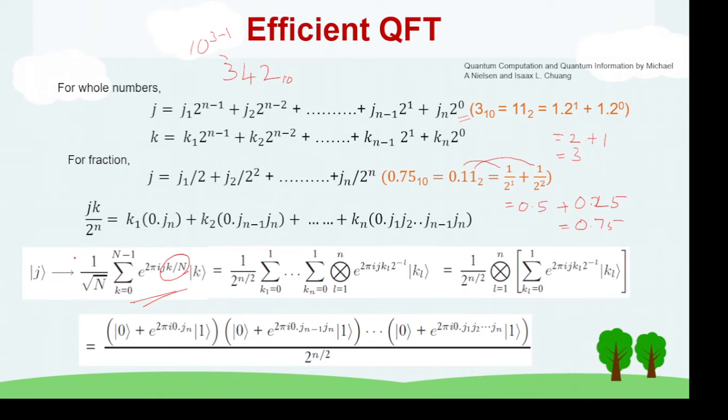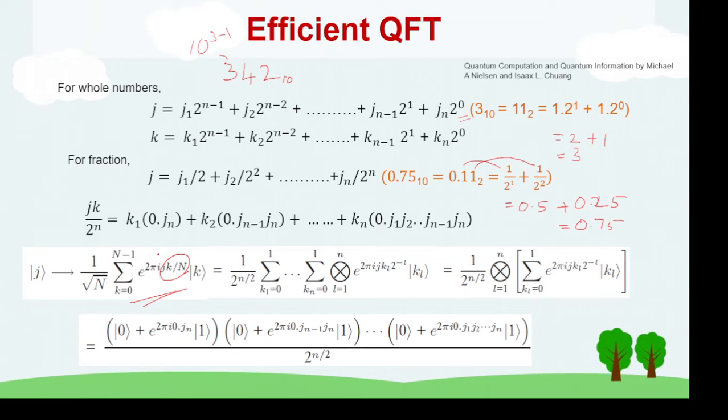Now we need to do the multiplication, jk divided by 2^n, and while doing that we need to observe carefully. Whenever jk divided by 2^n gives a whole number like 1, 2, 3, it doesn't do anything to the remaining expression, because it just puts 2 pi, 4 pi, 6 pi like that.